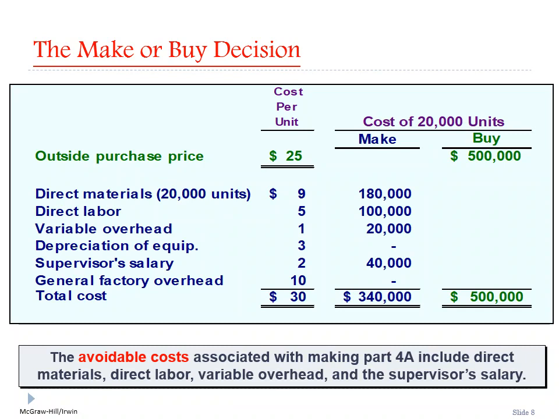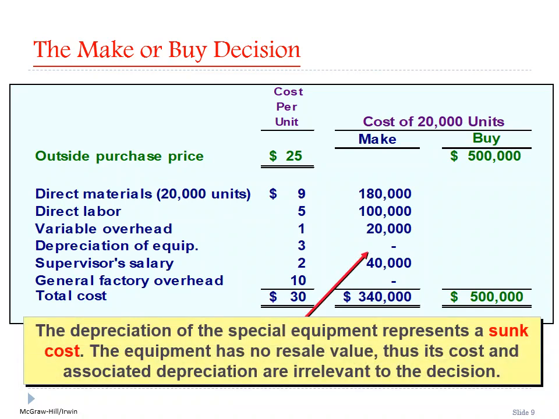To understand better, let's see the next slide. It says here the depreciation of the special equipment represents a sunk cost. Of course, I put depreciation as zero here. Why? Because he gave me a hint, he said the equipment has no resale value, thus its cost and associated depreciation are irrelevant to this decision.